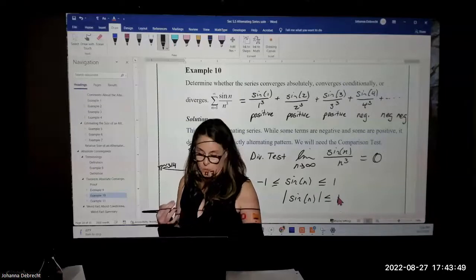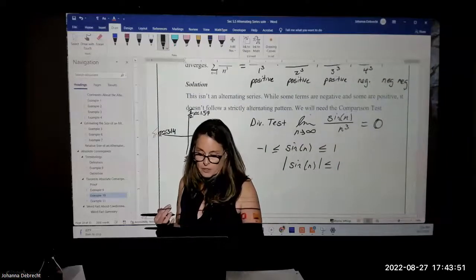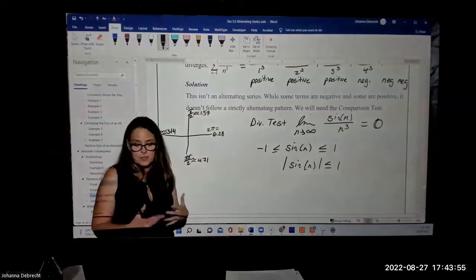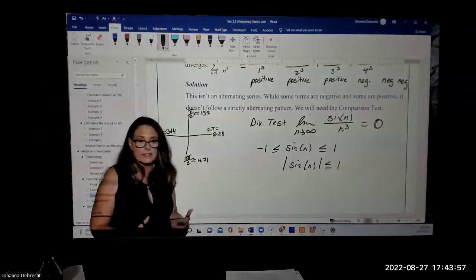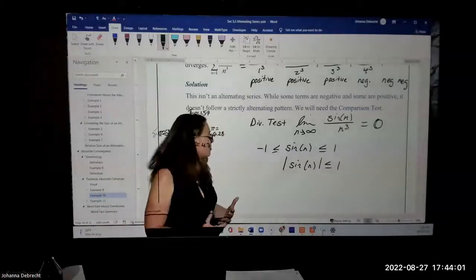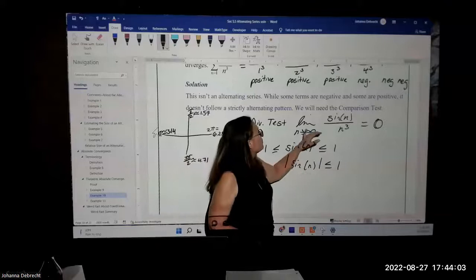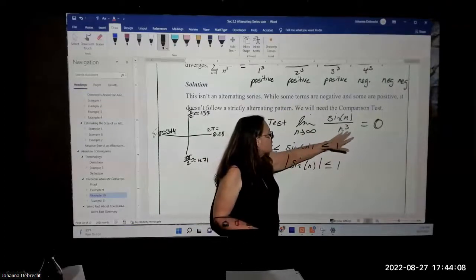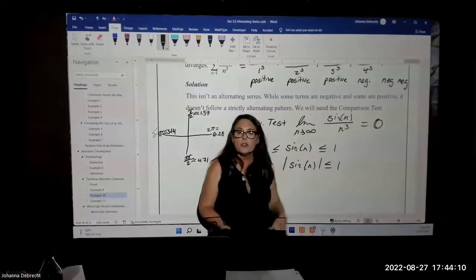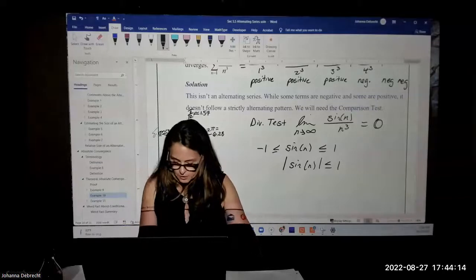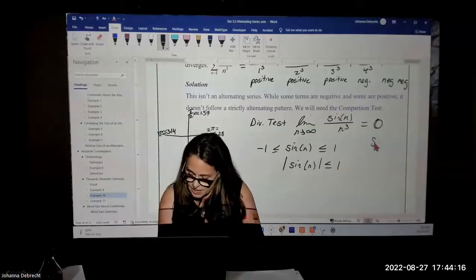So I'm trying to develop absolute convergence here. So I've got this absolute value of sine of n is less than or equal to 1. Well, how can I develop the rest of the summand? Well, I know from my original series that n starts at 1, and I want to divide by n cubed, but I know n cubed has to be strictly positive because n is greater than or equal to 1.